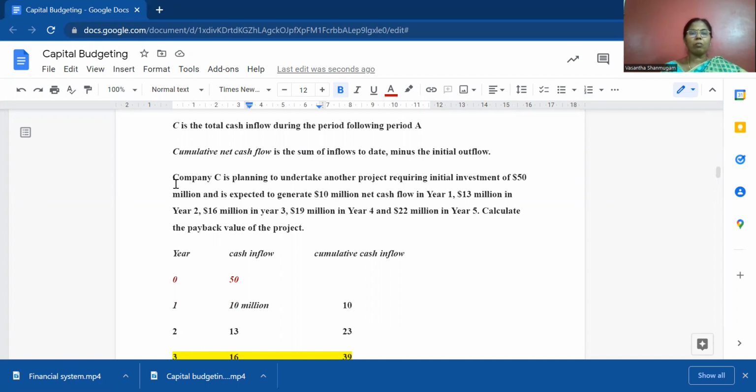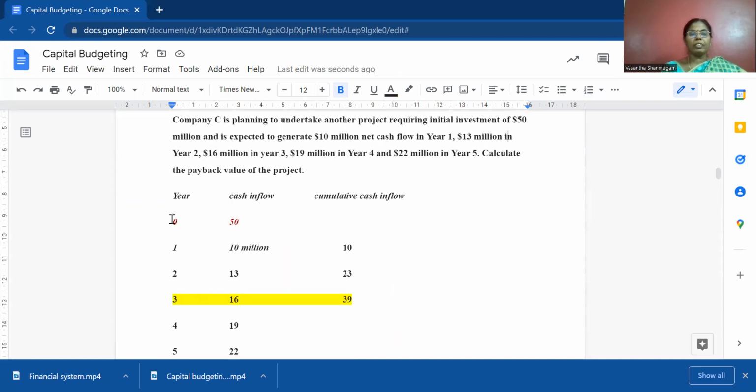Company C is planning to undertake another project requiring an initial investment of 50 million. Please understand, this is the investment. The company is making an investment of 50 million and is expected to generate 10 million cash flow in the first year.